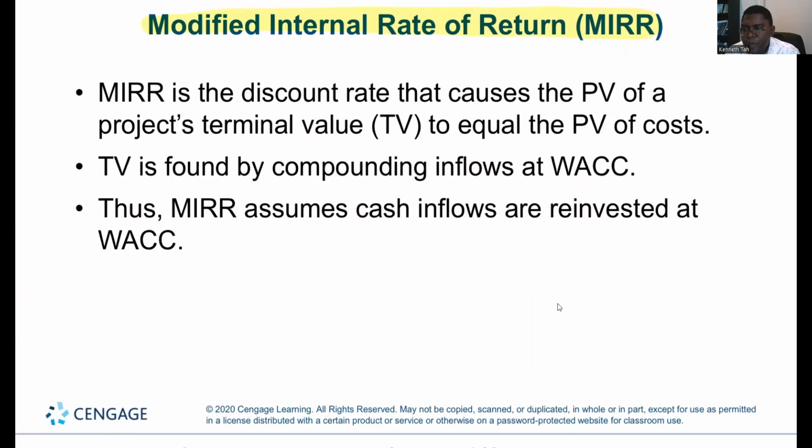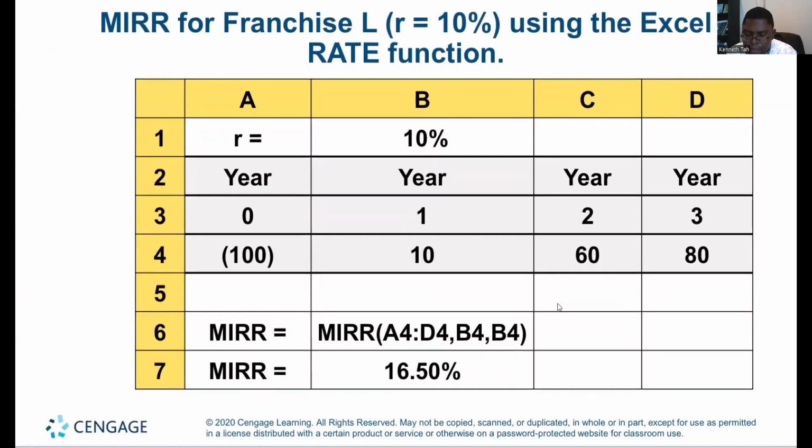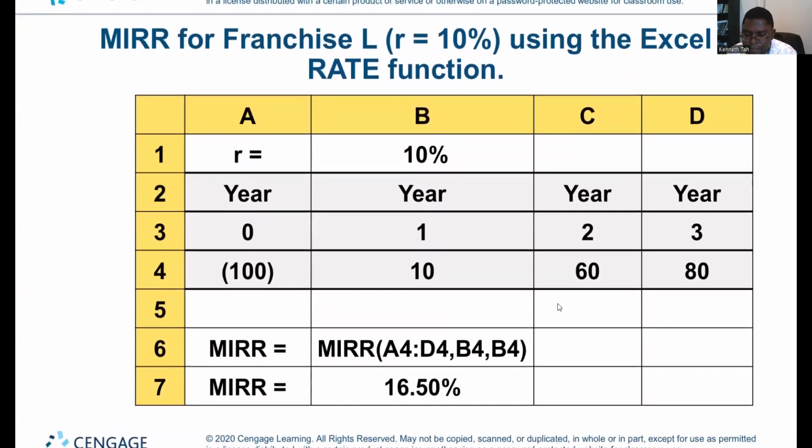The sum of that future value is what we call the terminal value. That is what we are going to use in calculating the internal rate of return. When we do that, that is called the modified internal rate of return.